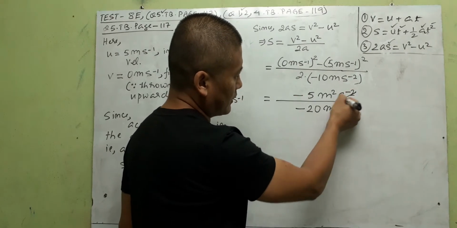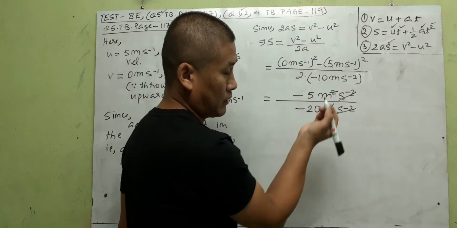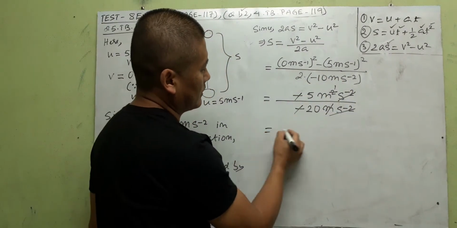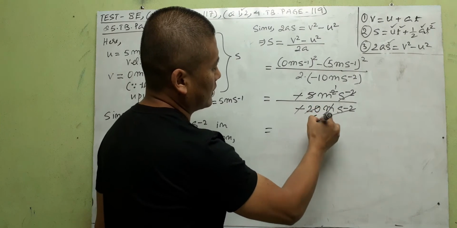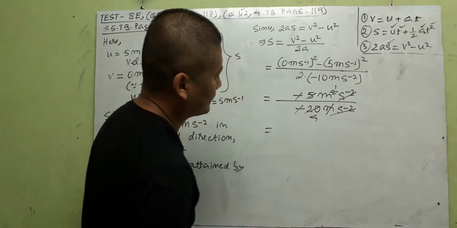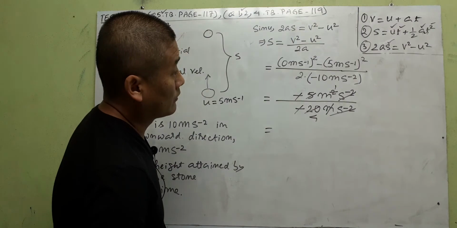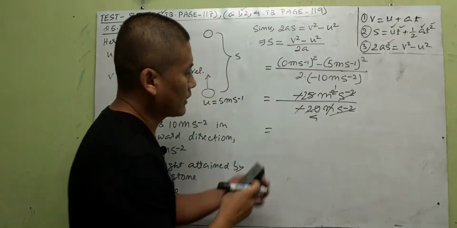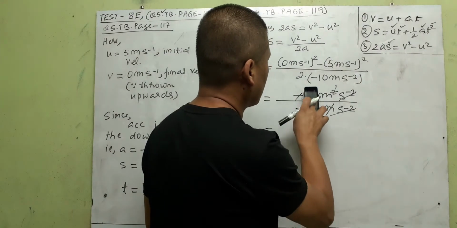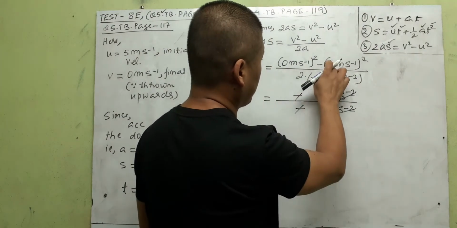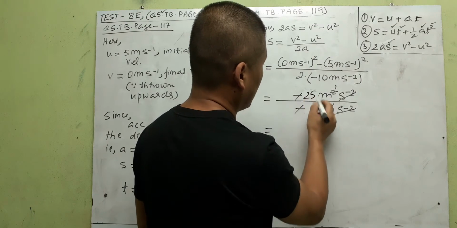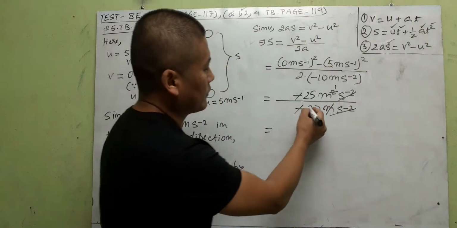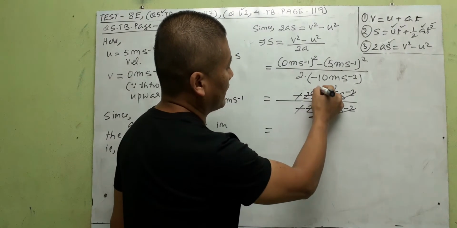So we can cancel this, and meter, and here 1 gone, so only 1 more left, right? So minus and minus can cancel. Slight correction, sorry, 5 square means 25, right? And here minus 20, 2 10s are 20.